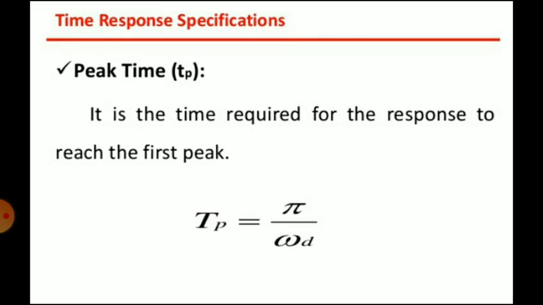Then the peak time. It is the time required for the response to reach its peak value. It is also defined as the time at which the response undergoes the first overshoot, which is always peak overshoot. The formula is given as TP equal to pi upon omega d, where omega d is equal to omega n under root 1 minus zeta square.